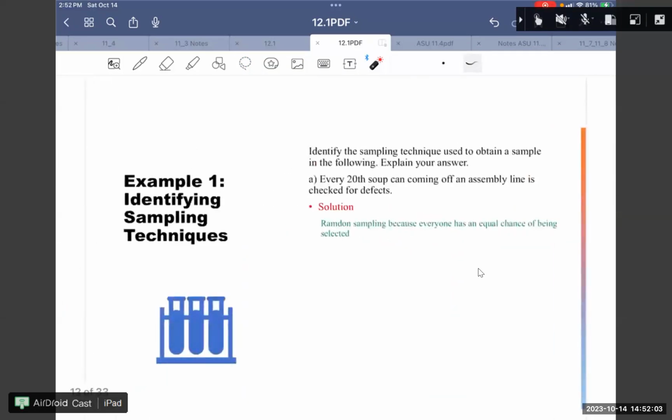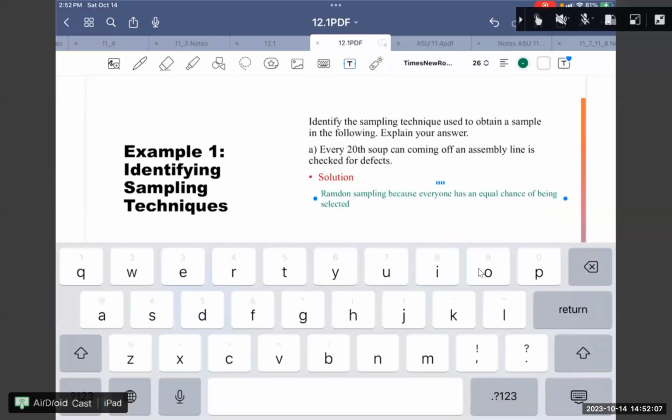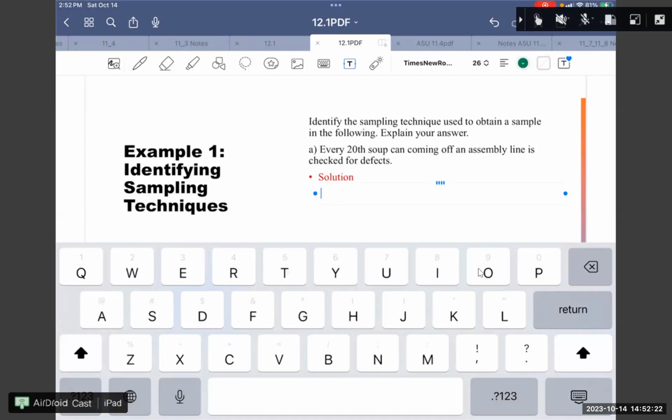But for this one, every 20th soup can coming off the assembly line is checked for defects. So this one is random.